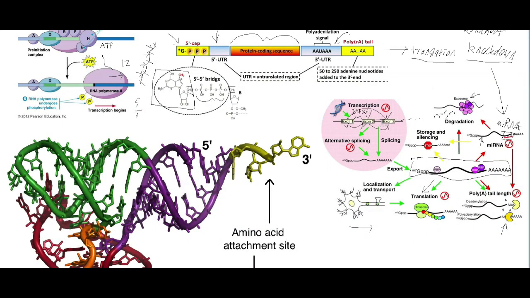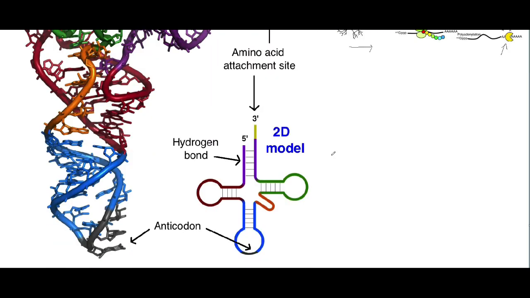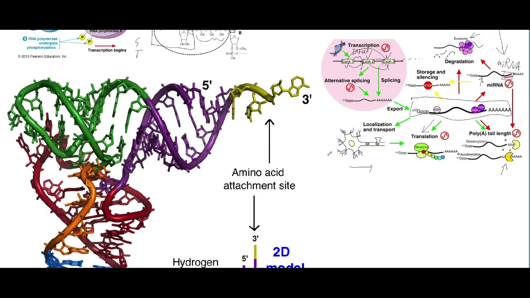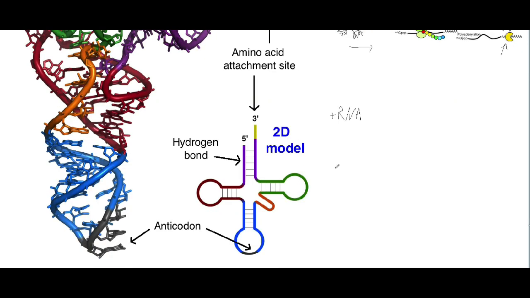One of the other things that can happen with RNA is that you create these things called tRNA, which is what we're showing here. tRNA stands for transfer RNA. What you see here is the actual 3D structure of it, though we often portray it in this way.